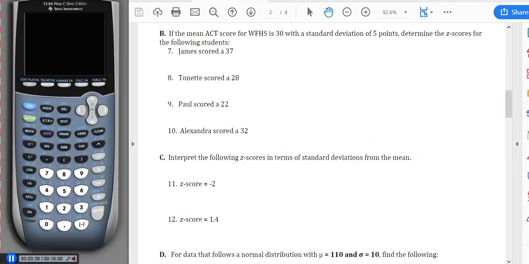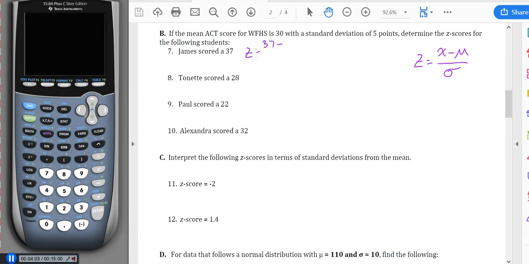All right, let's continue with B. The mean ACT score for William Fleming High School is 30 with a standard deviation of 5 points. Determine the Z-score for the following students. Let's remember that your Z-score is your data value minus your average or your mean, over your standard deviation. So for 7, my value is 37.